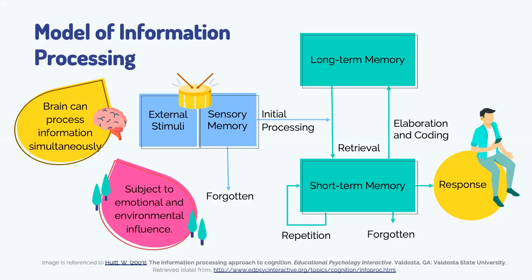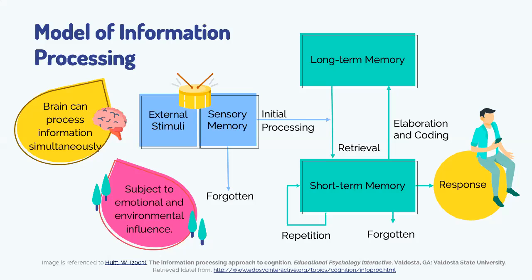Generally, our brain can process information simultaneously from various sources of the senses, appealing to the human senses, and it is also subject to emotional and environmental influence in influencing the information to be received by the person.